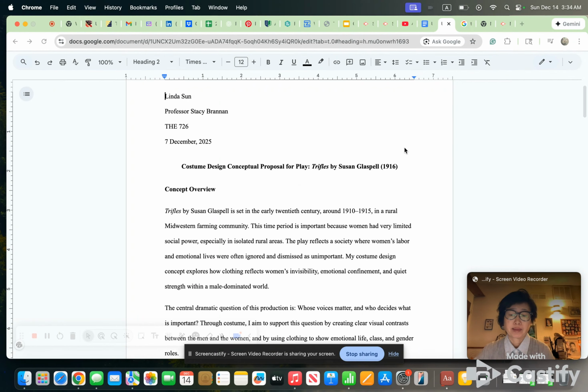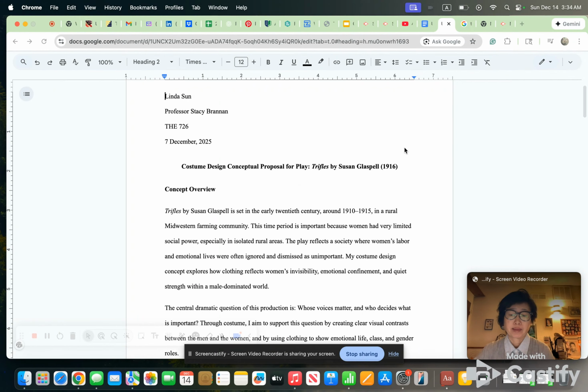The central dramatic question of this production is whose voice matters and who decides what is important. Through costume, I aim to support this question by creating clear visual contrasts between the men and the women, and by using clothing to show emotional life, class, and gender roles.